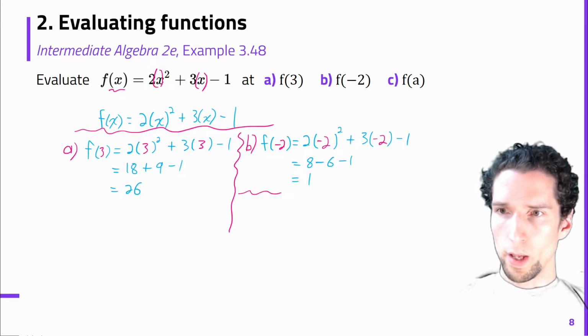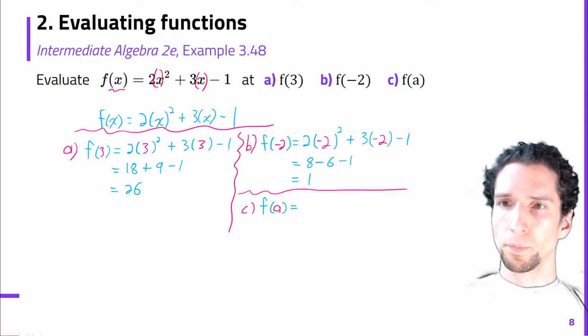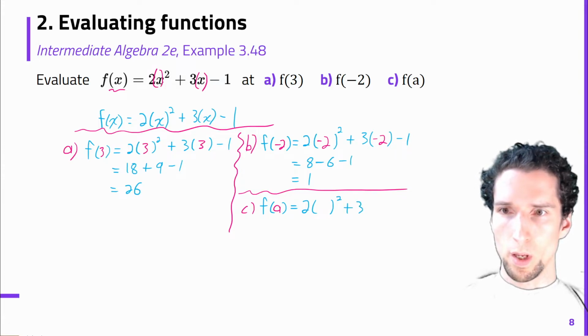All right. And C is actually going to be the easiest one here. f at a. We are just going to replace each x with a. So 2a squared plus 3 times a, minus 1.